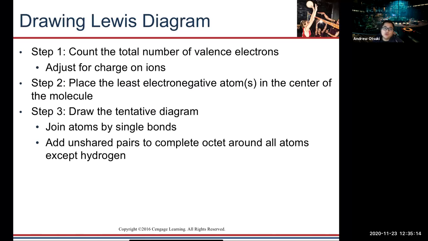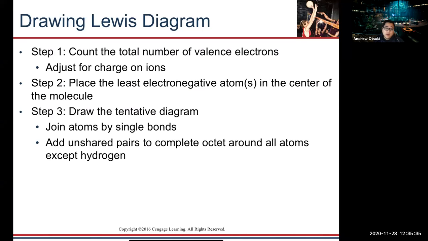When drawing a Lewis diagram, there are some steps you need to know. First, count the total number of valence electrons for the formula. We'll go over what that means. Usually, the least electronegative atom is in the center of your diagram.